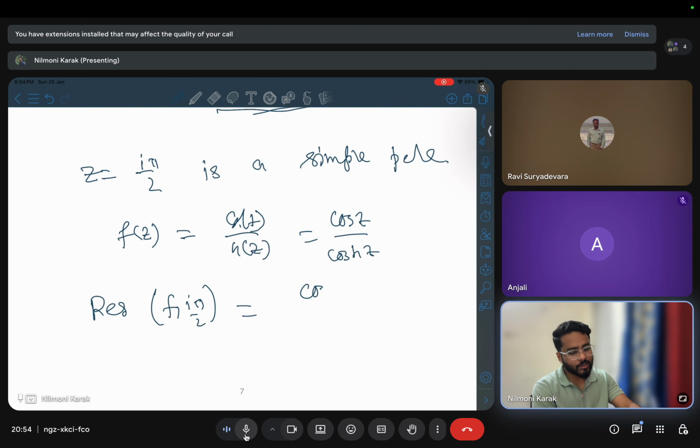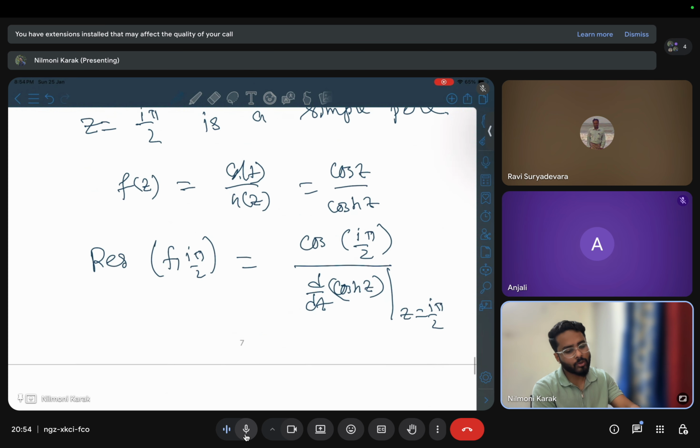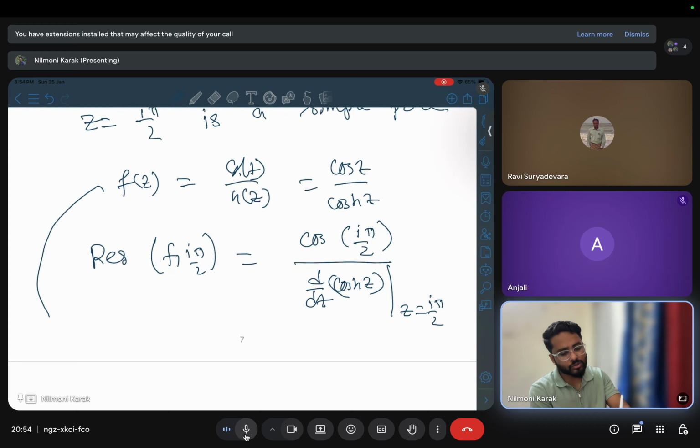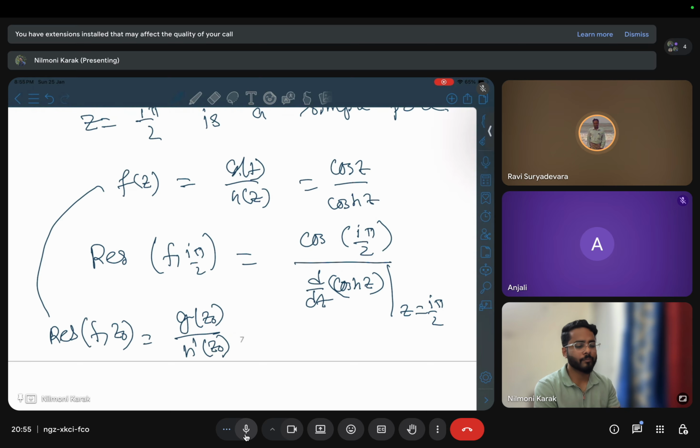The residue is cos of i pi by 2 divided by the derivative, cos hyperbolic z, at z equals i pi by 2. For this we used the formula: residue of f at z naught is g of z naught divided by h dash z naught.